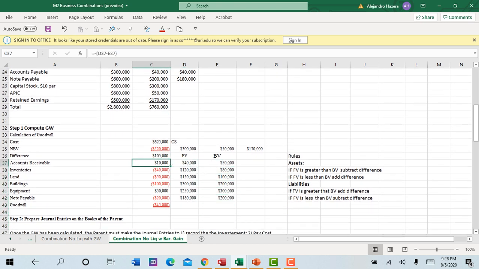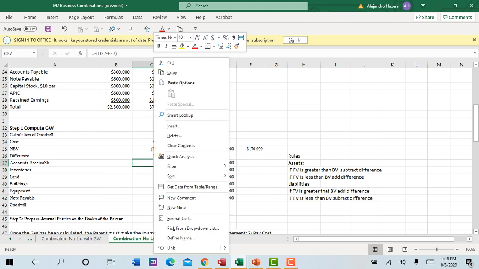Now I'm going to go over this for a second to make sure that you know where I got this. The rules are for assets: if fair value is greater, subtract; if fair value is less, then you add it back. So if you just take a negative difference between the fair value and the book value, that'll give you the number you need for all your assets.